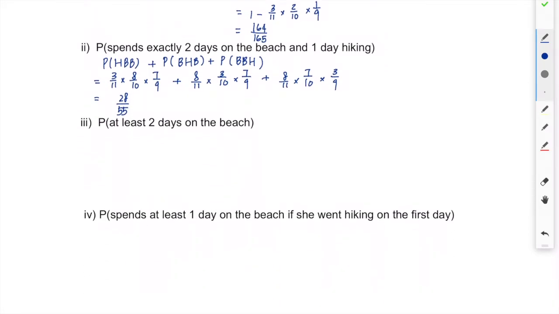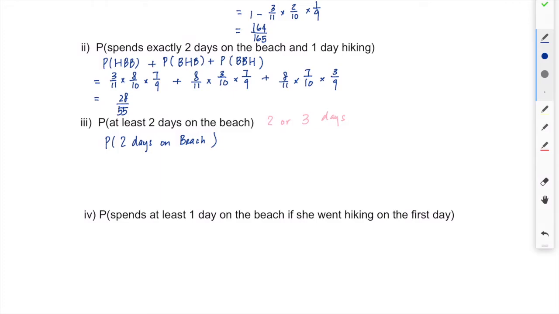Number 3, probability of spending at least 2 days on the beach. So that means either 2 or all 3 days. Okay. So from part 2, we already found out that 2 days on the beach is 28 out of 55.